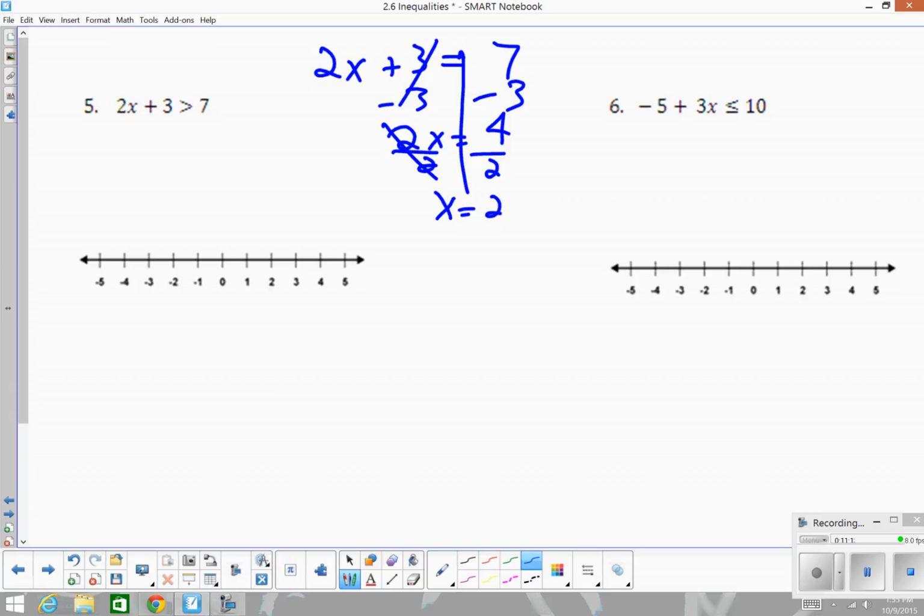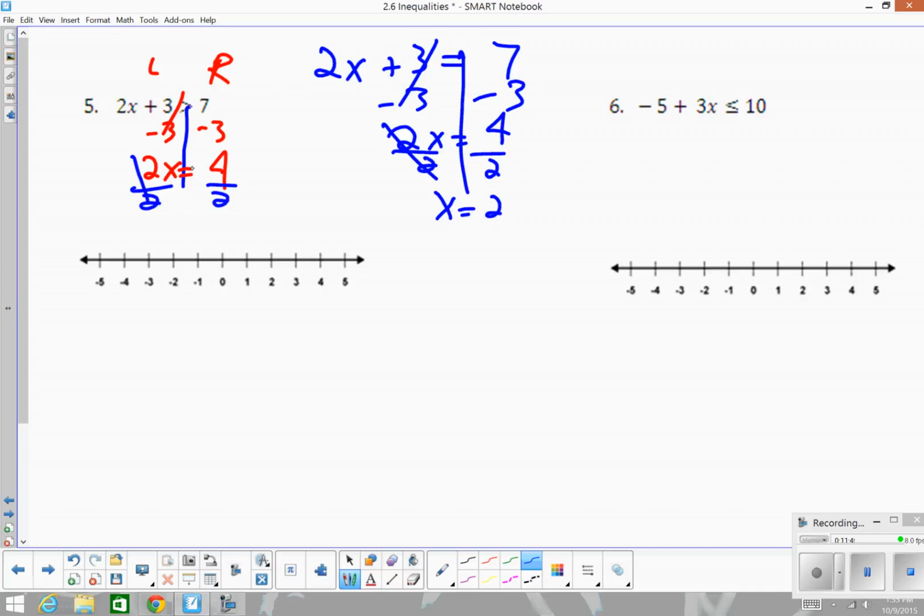So I'm going to do the same thing, but instead of having all the equal signs here, I'm just going to keep it simple. Now, if I have 3 on this left side, I could still draw my river. To get that 3 to the right side, I need to subtract 3 from both sides. I'm going to be left with 2x equals 4. Last step, I want to divide by 2.